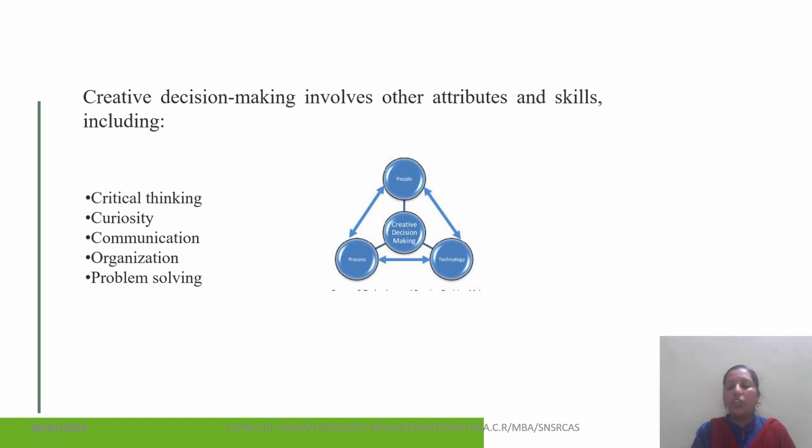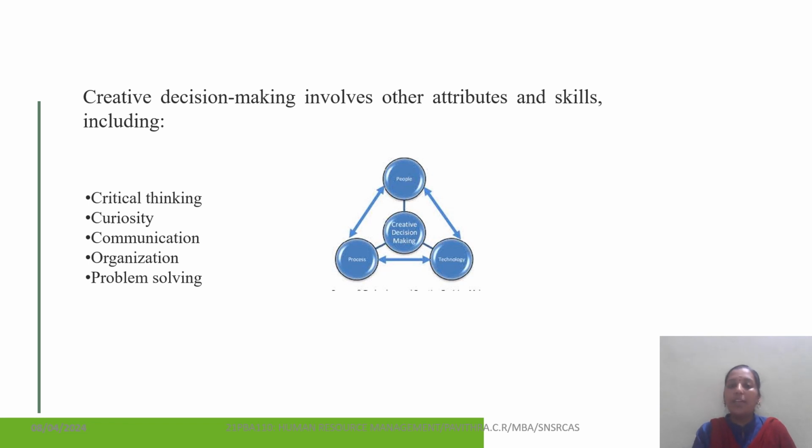Better communication is most important for effective creative implementation. Further, an organization's group and mutual consent, and a problem solving approach. These are all the key attributes of creativity and decision making.